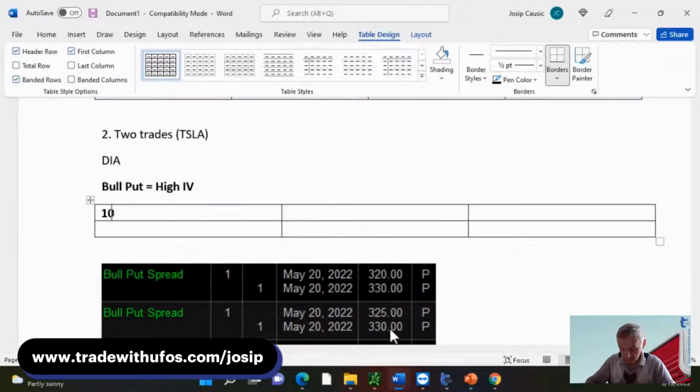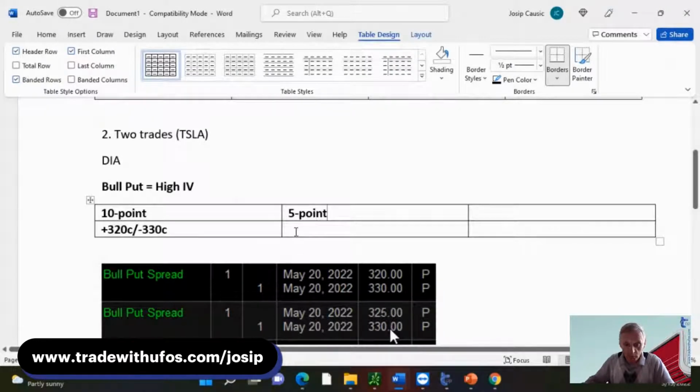So the first choice is 10 points wide. That 10-point wide involves buying the 320 and then selling the 330. That's this very first choice that you're seeing on the top. Now I'm moving on to the next choice, that is 5 points wide.